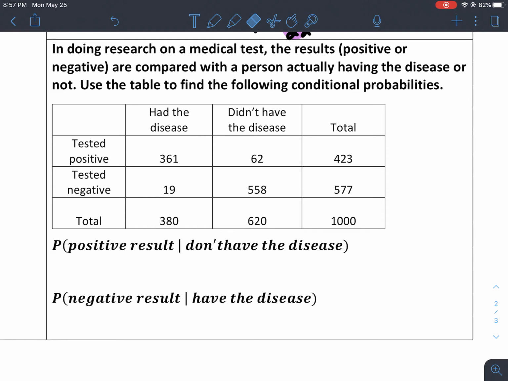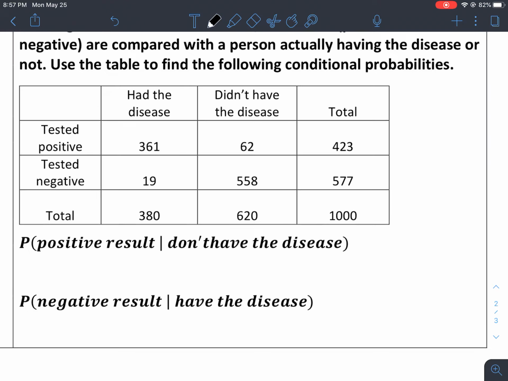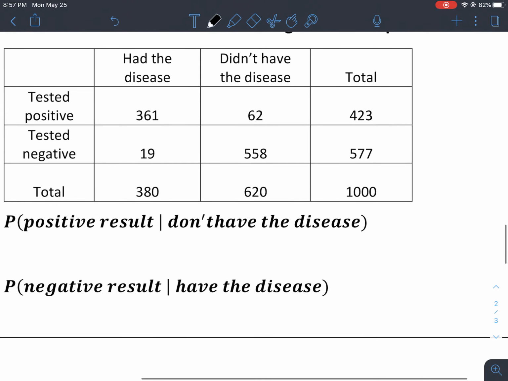So what this conditional probability is looking at is some of the data around that for whatever disease this was and whatever test they were applying. It's asking for the probability, and you can try this on your own if you want, or you can wait for me, pause the video, and then check your answers with me. So the probability that it is a positive result given you don't have the disease. How many people did not have the disease out of this survey? 620.